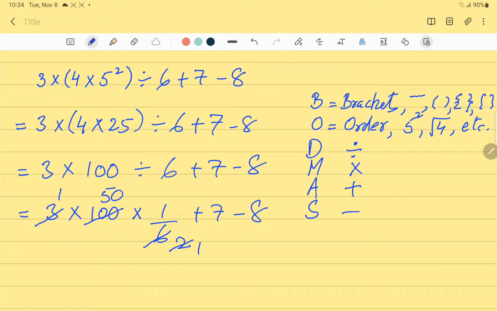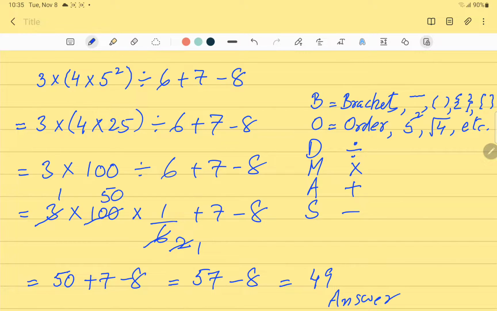So we have 1 into 50 into 1 is equal to 50, plus 7 minus 8. 50 plus 7 is 57 minus 8, and 57 minus 8 is equal to 49, which is the answer of this question.